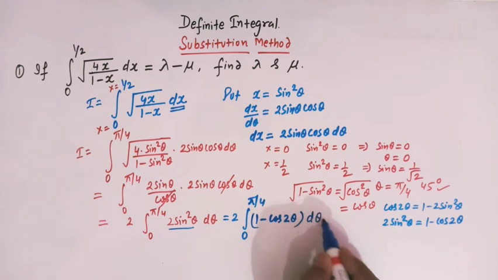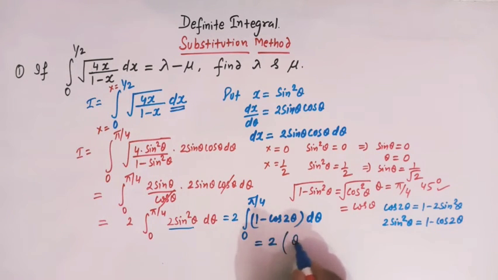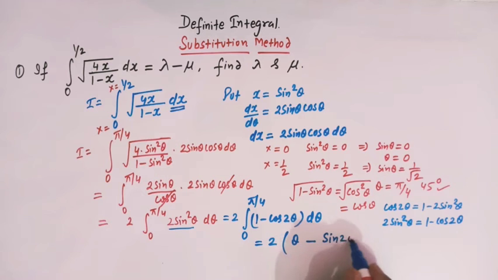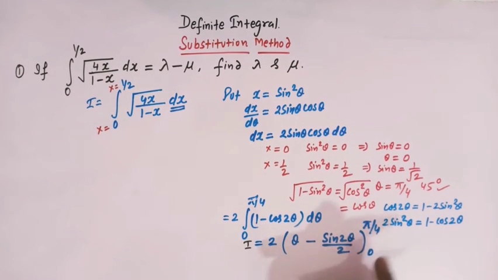Now we have two terms. The integral of 1 d theta is simply theta, and the integral of cos 2 theta is sine 2 theta over 2, with limits from 0 to pi by 4. Now we substitute the limits and take the difference.